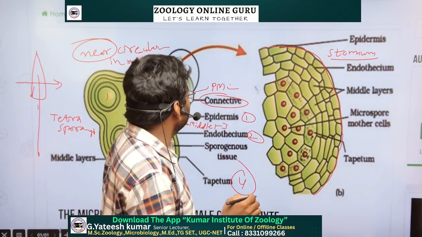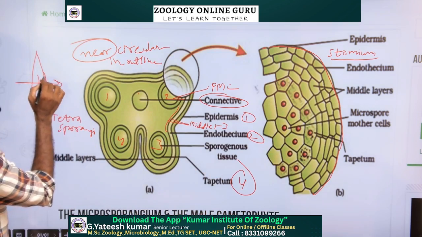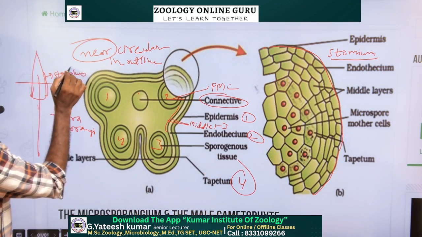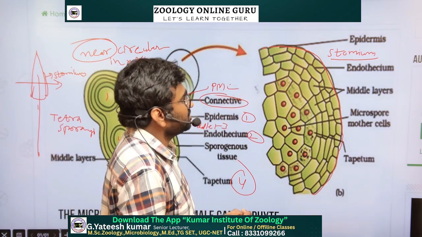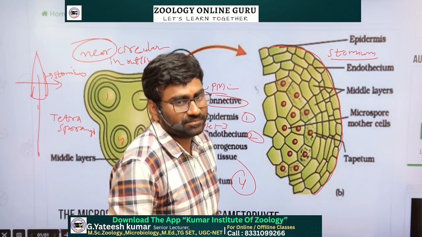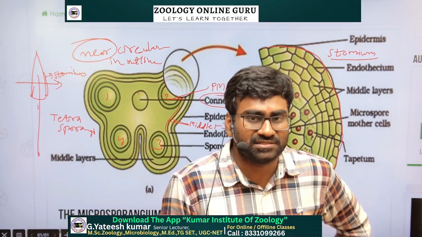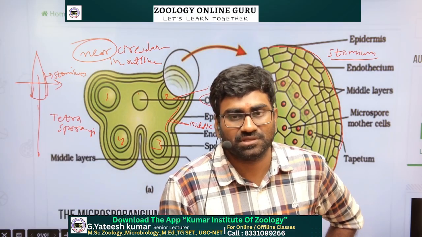Some grooves are present, and at the grooves, the stomium is present. It helps in the protection and dehiscence of anthers, right? So the main function of the epidermis is the protection and dehiscence of pollen sacs or anthers when they become mature, right?